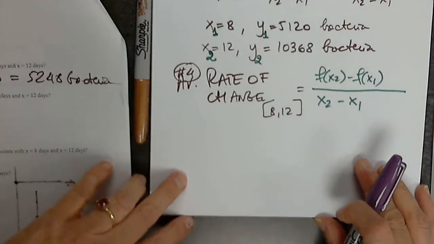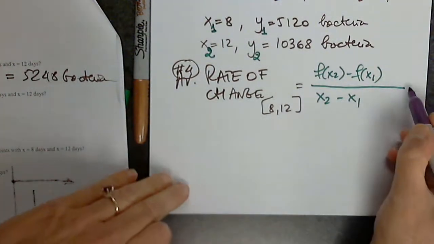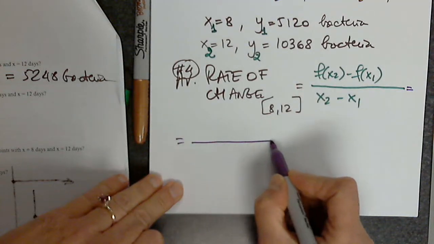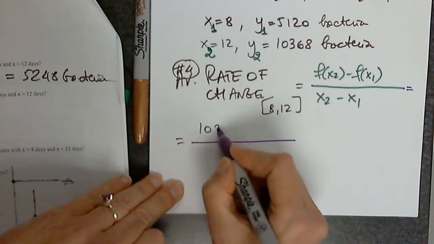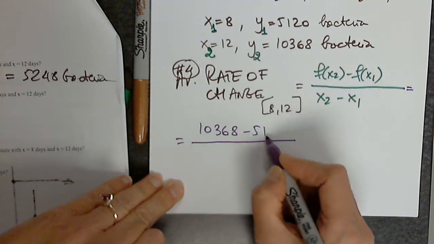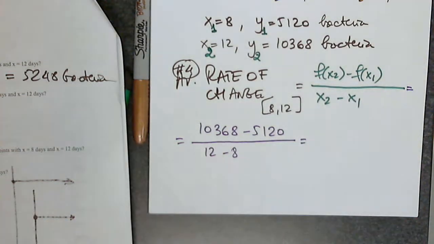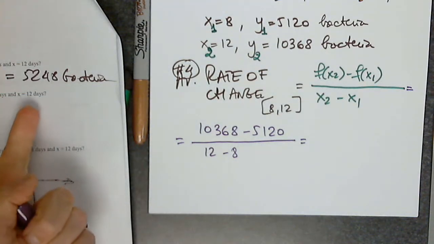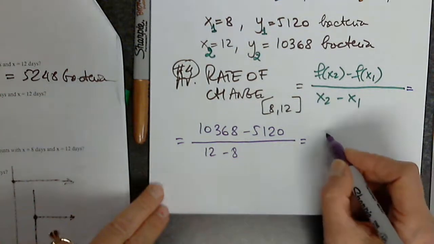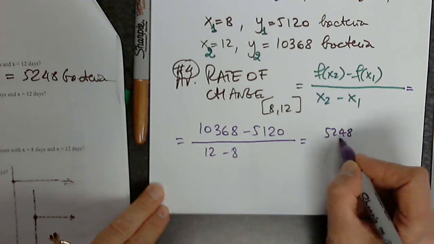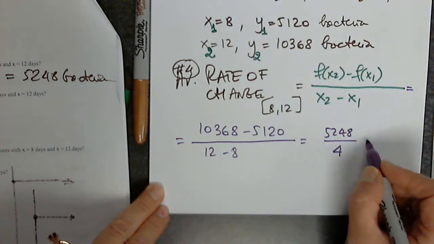So my next step, I plug them in, and I get 10,368 minus 5,120 over 12 minus 8. I already have the number at the top because we calculated it in the previous question. So I have 5,248, and I divide that by 4.